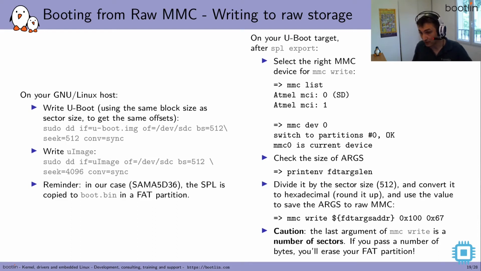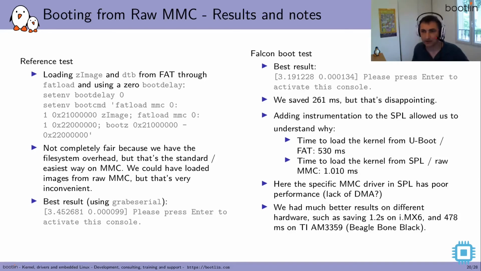So be careful here. mmc write really takes a number of sectors as the last argument. If, as I did, you pass a number of bytes, you'll erase your FAT partition, so that's a disaster. Don't forget that.